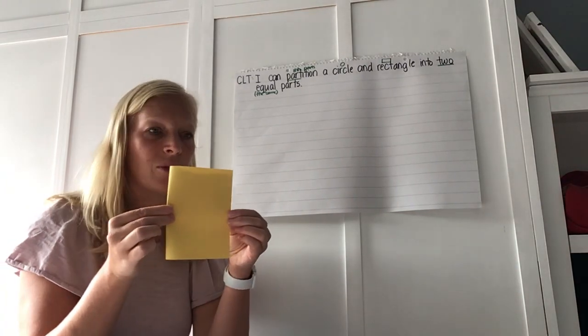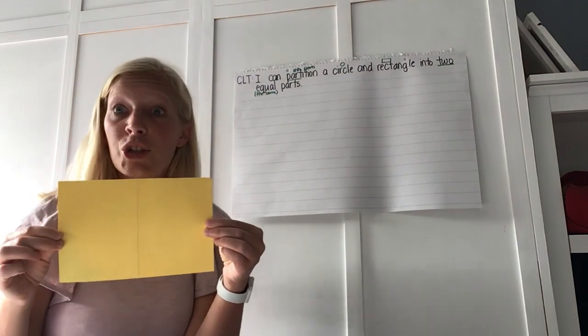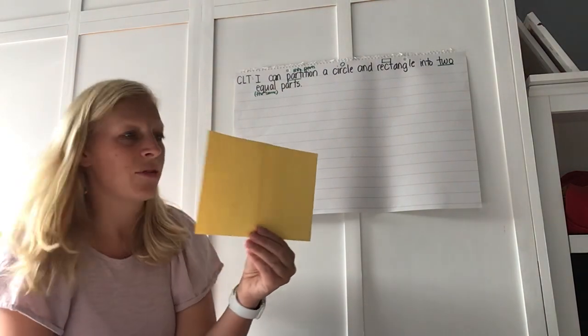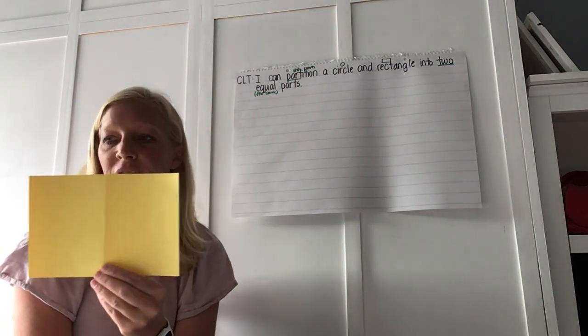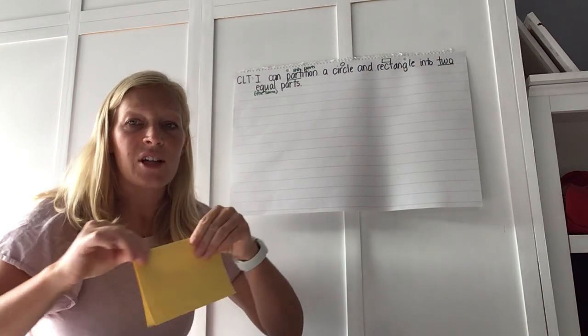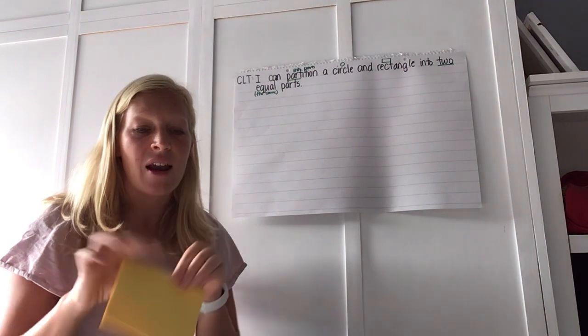So if I were to fold it and show you that one part, how many smaller rectangles are they in? Two smaller rectangles. And what do you notice about those two smaller rectangles? They are the same. When I fold them or when I cut them, we're going to notice that there is not one side bigger than another.